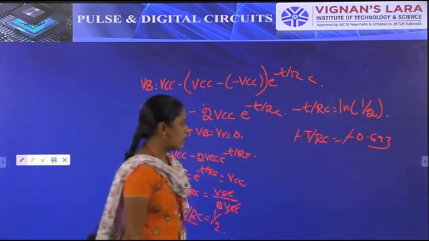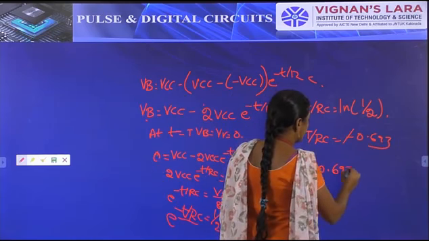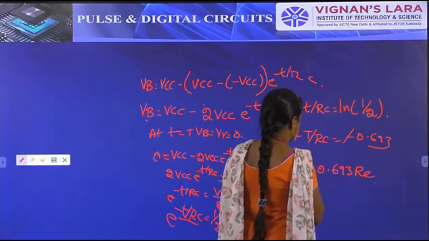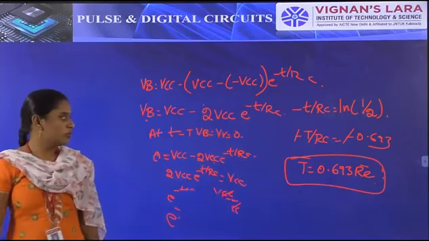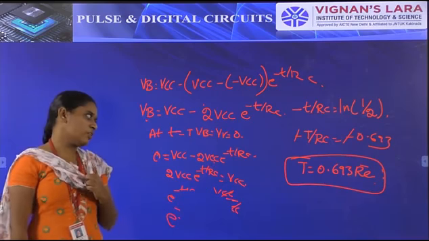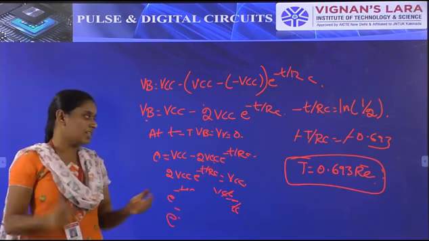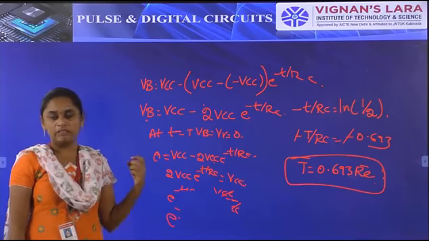Minus will be cancelled, and t is equal to 0.693 RC. So this is the equation of the pulse width. So the final t is equal to 0.693 RC. Once we know the value of the resistor and capacitor, we get the pulse width of this particular monostable multivibrator.